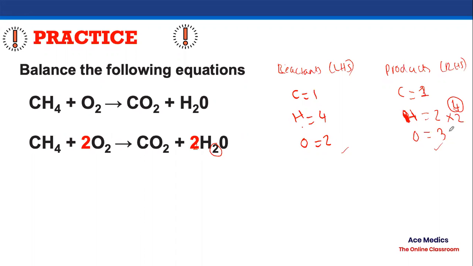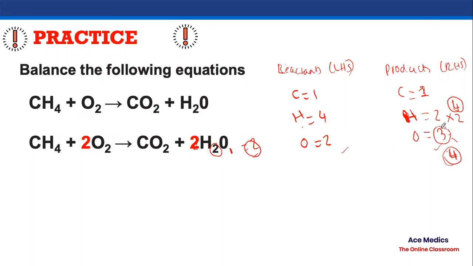But that also means that now we have 2 oxygens here, okay? So we now have 4 oxygens because we've now timesed by 2, because we had 1 oxygen here. So 1 times by 2 is now 2 oxygens. So overall, we now have 4 oxygens.